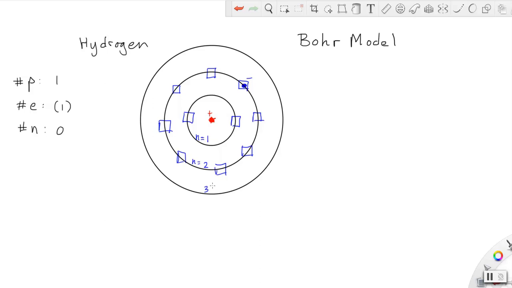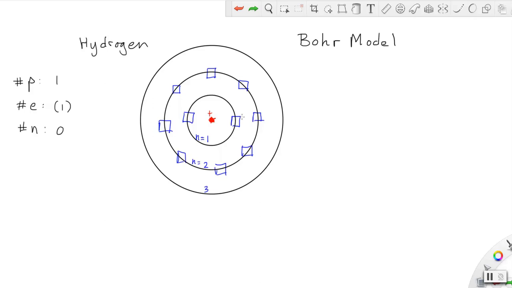And you can kind of think about this as energy on a hill when you have like a sled on a hill and you had potential energy at the top of the hill, and then not very much potential energy toward the bottom of the hill, and then at the bottom of the hill there's 0 potential energy, right? So you can think about it like this. As the electron goes up to the n equals 2 shell, it's been given energy to get there, and when it falls back down to the n equals 1 shell, then it has to release energy.